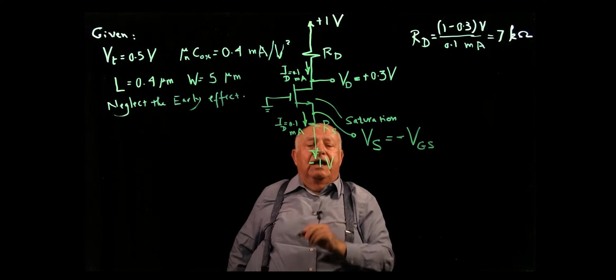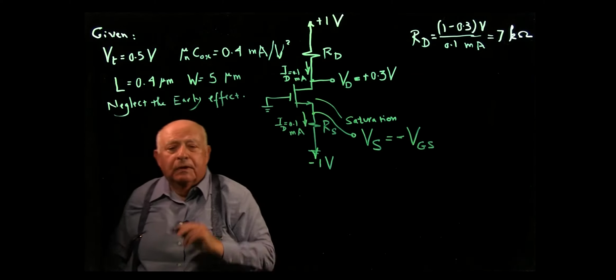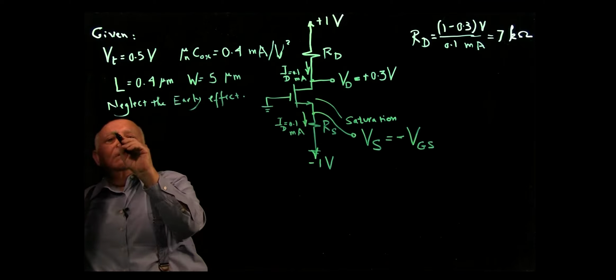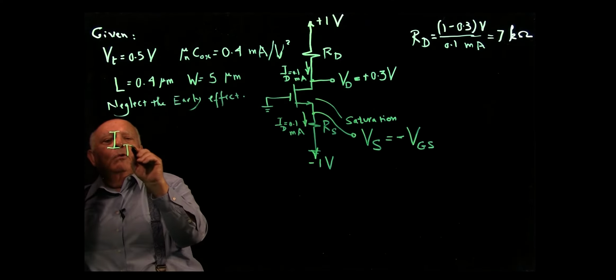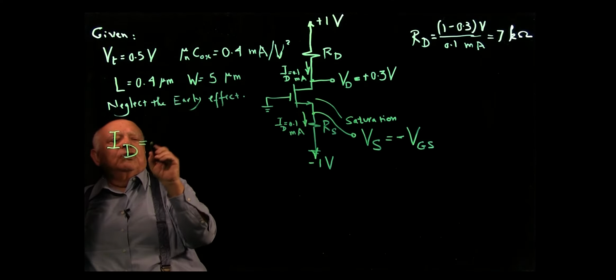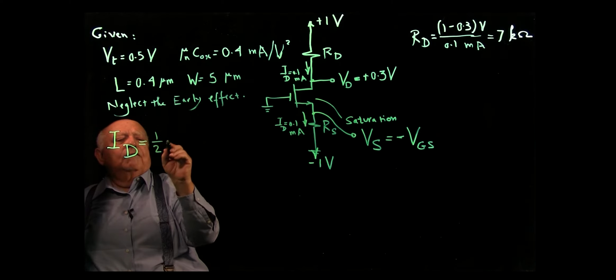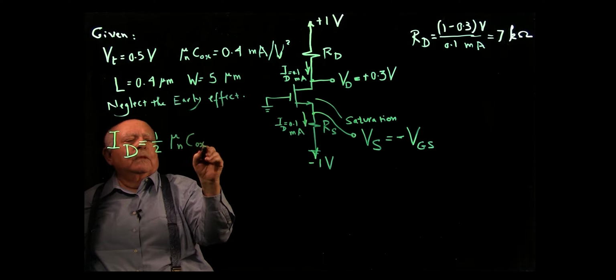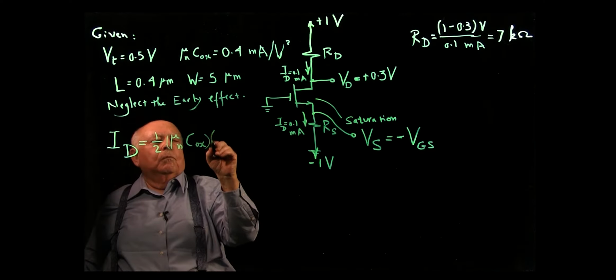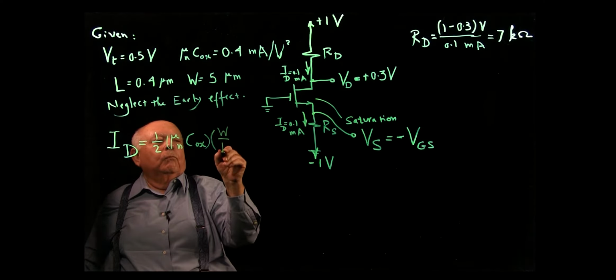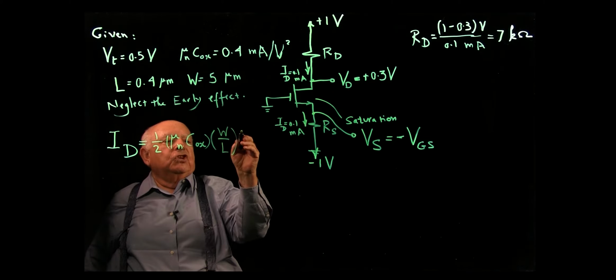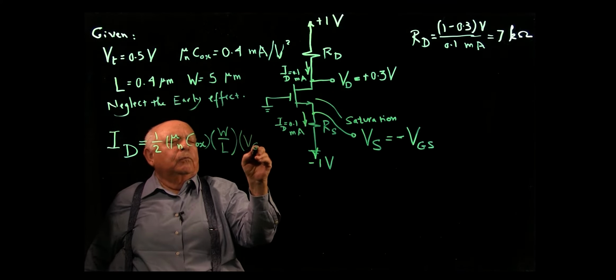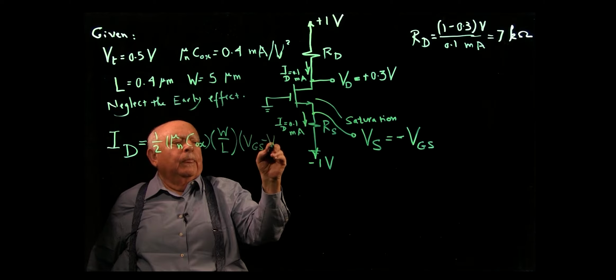So I have to find VGS. To get VGS, I will write the square law equation for the FET, which says ID is 1/2 mu n C ox times W over L times (VGS minus VT) squared.